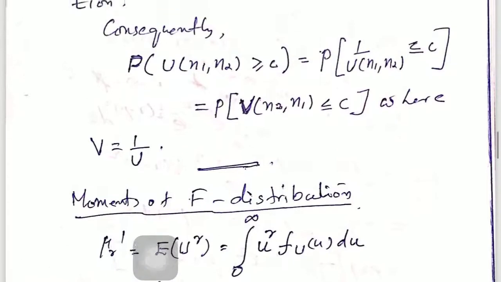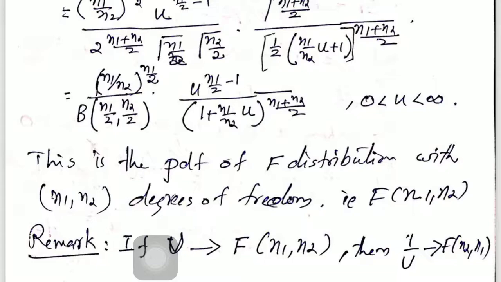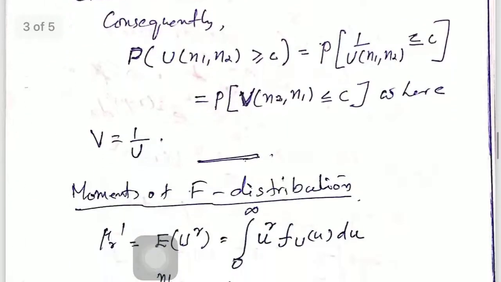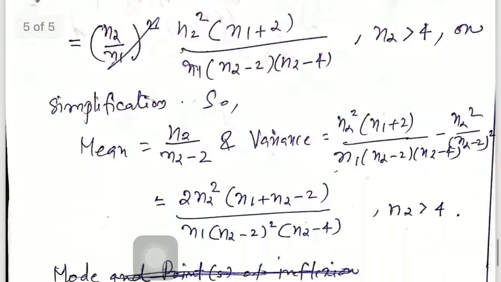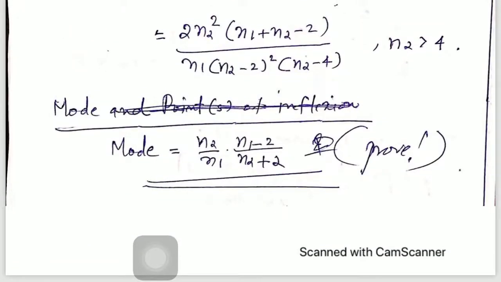You know the PDF of the F distribution is this, and this PDF is maximum when the first order derivative is equal to 0, and you will have only one solution, and that solution is the value of the mode. Okay, and I leave this as an exercise to you, and these are the main things regarding the F distribution.